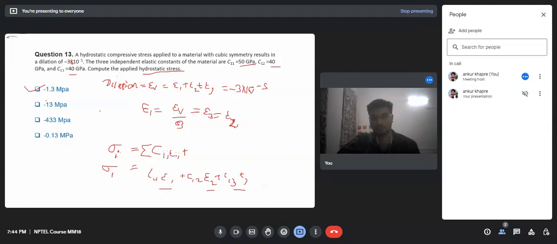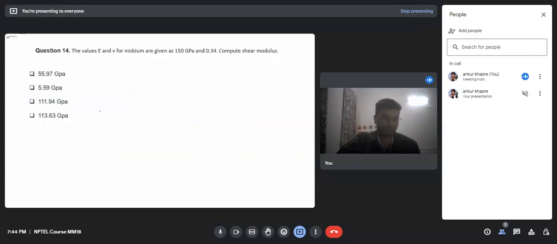Okay, now the option number 14. Here is the value of E and V of niobium. E is Young's modulus and V is the Poisson's ratio.